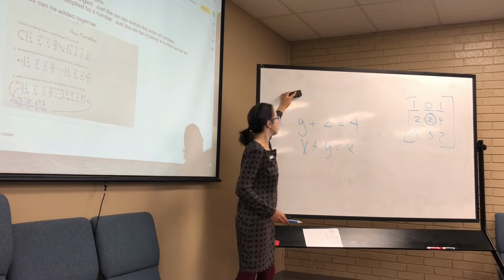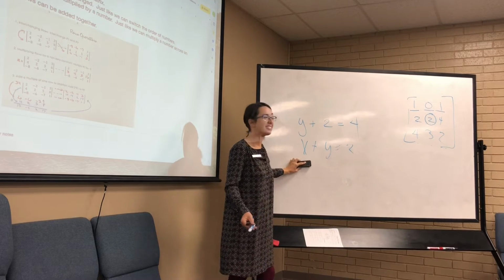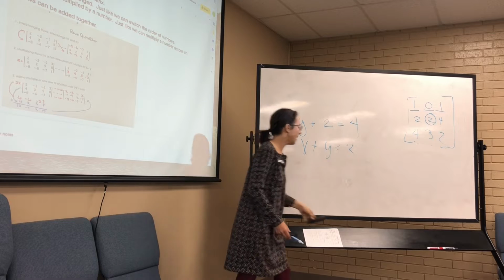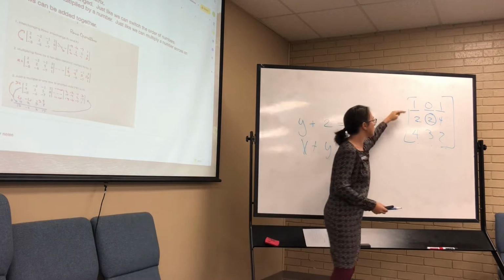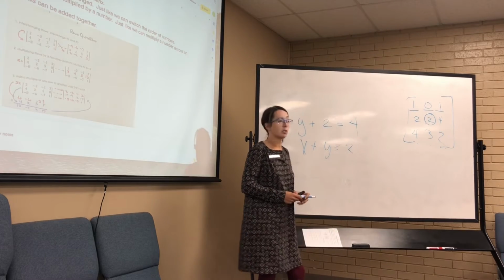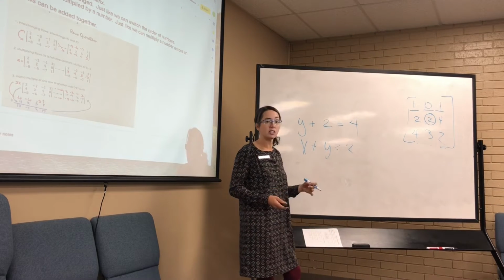Yeah, I just took what was on top and put it on the bottom. It doesn't matter what order I put them in. The same goes for matrices. We can switch orders for columns if they are asking us to.